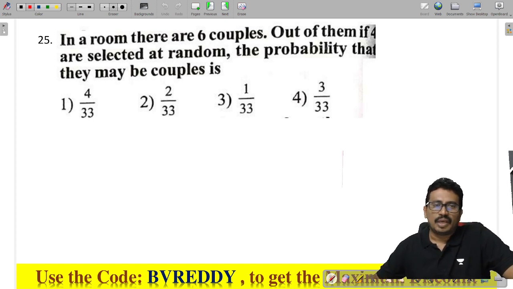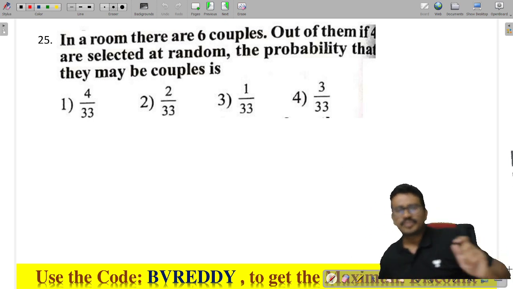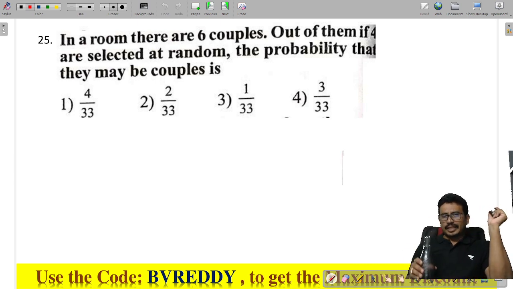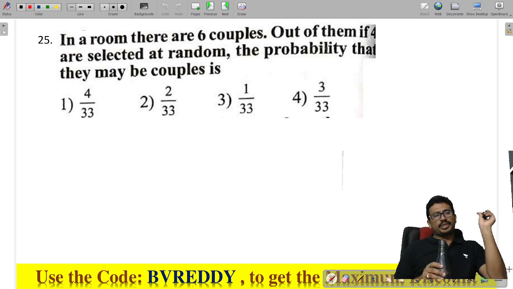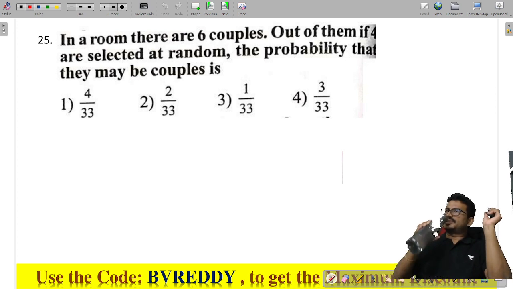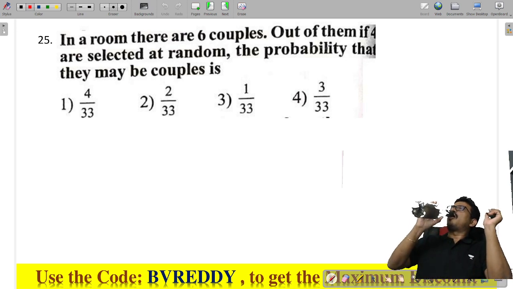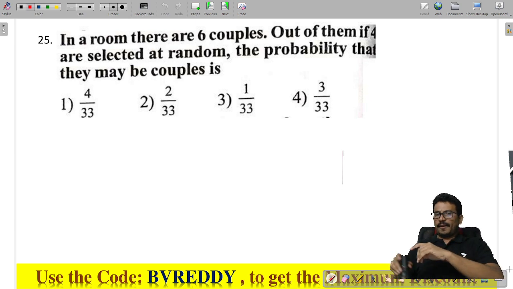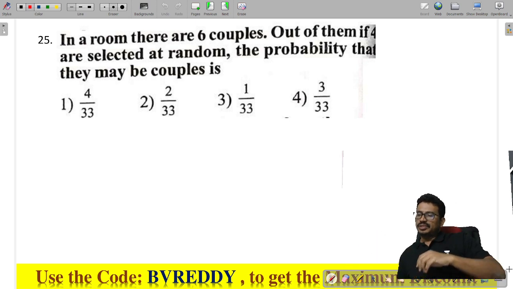Next, in a room there are 6 couples. Out of them, 4 are selected at random. Find the probability that they may be couples. There are 6 couples.